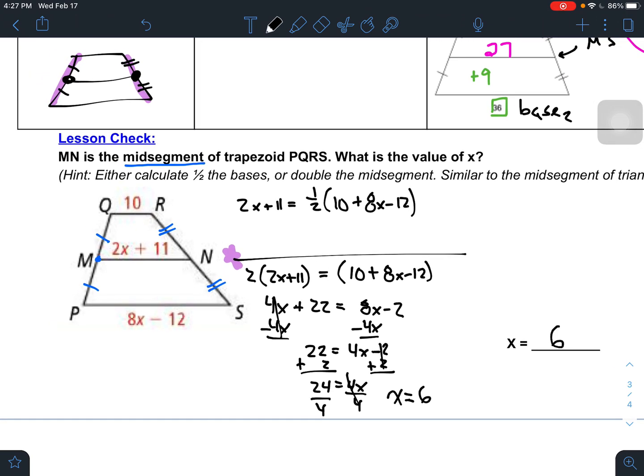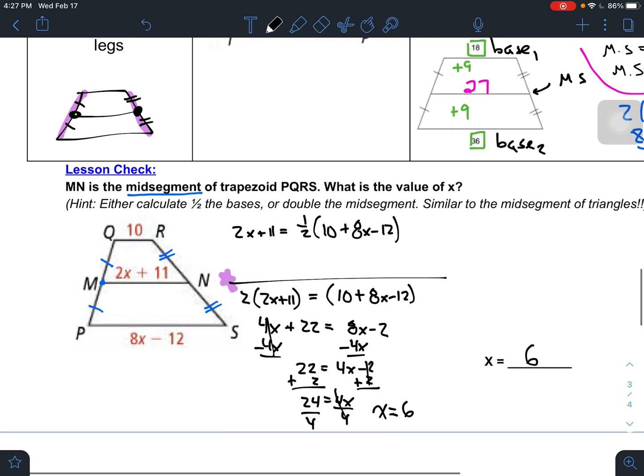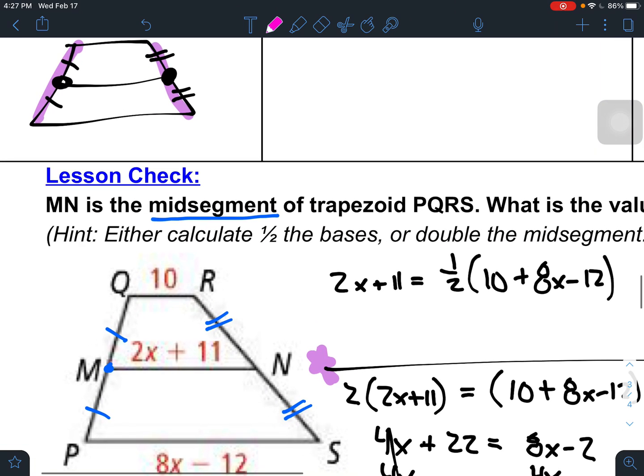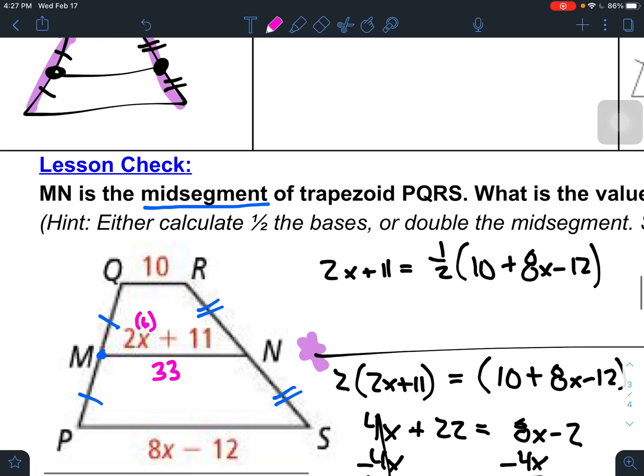Okay, so I got a solution. But let's double check. Let's make sure that this is a good solution. If I substitute 6 into that midsegment, 2 times 6 is 12, plus 11 is 33.